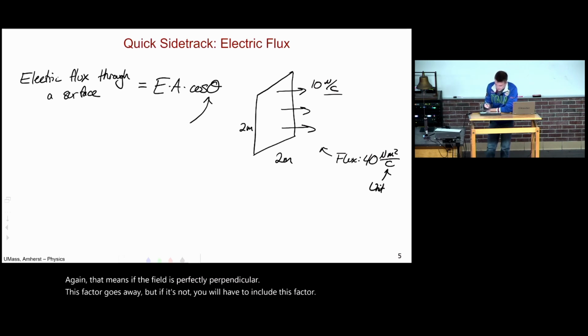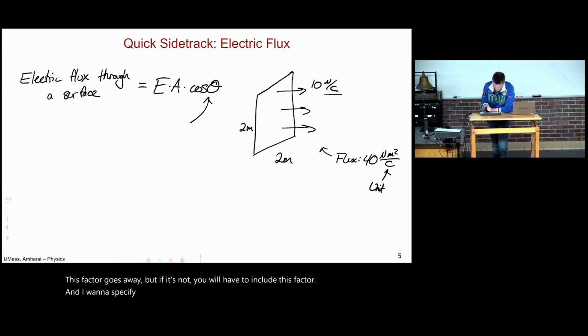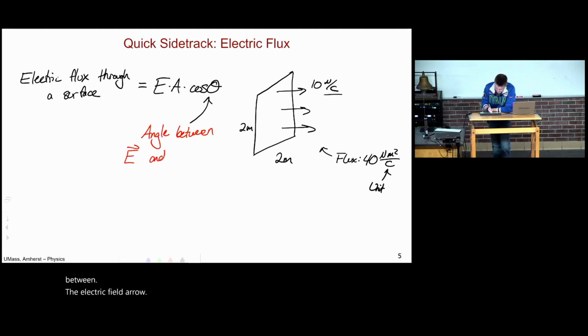And I want to specify exactly which angle theta is. So theta is the angle between the electric field arrow and the surface perpendicular arrow.